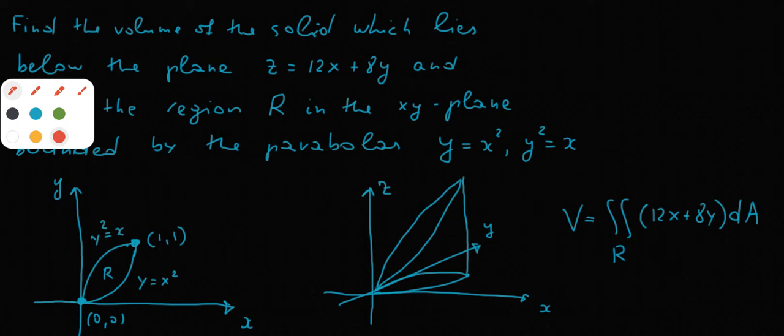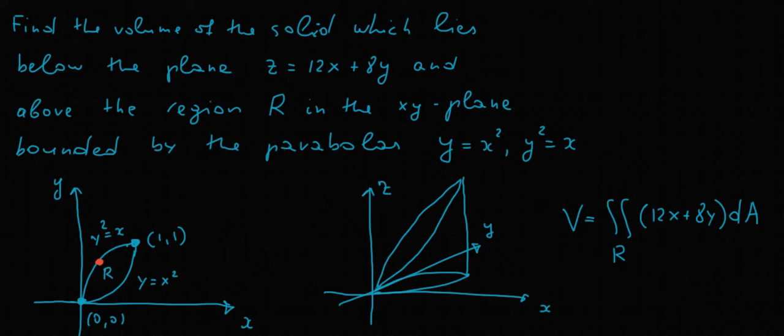Let's say I want to integrate over x first, then we fix the value of y and consider the horizontal cross sections of our region. The left hand point of such a cross section lies on the parabola x equals y squared. The right hand point lies on the parabola y equals x squared.